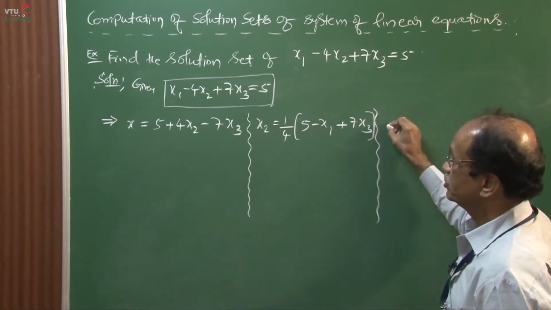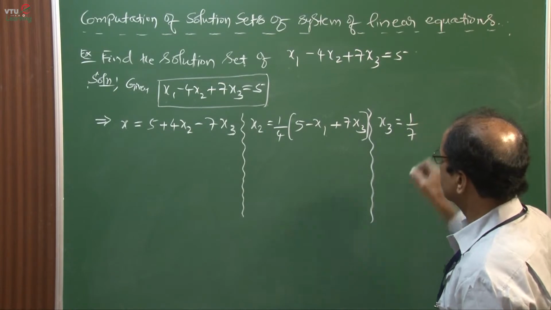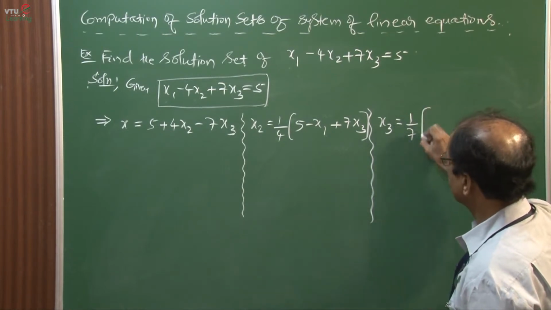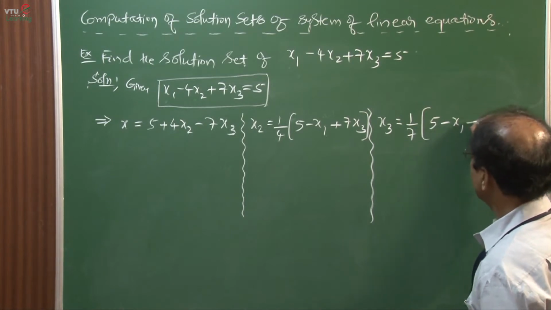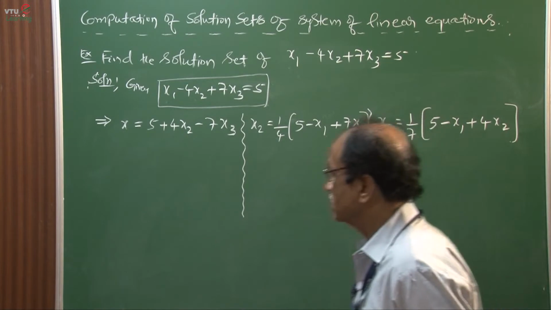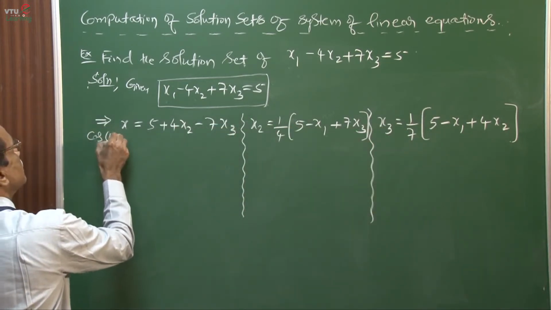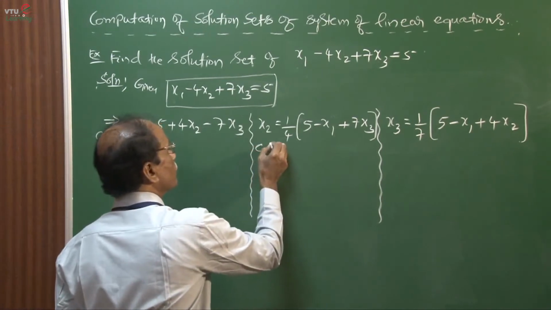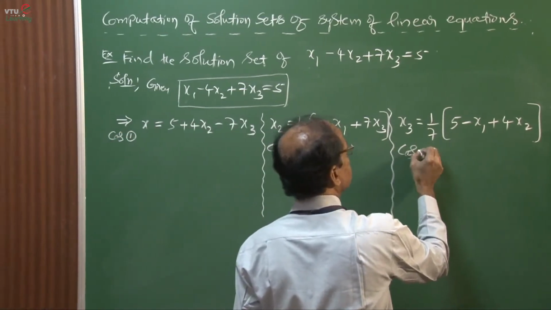Another possibility, x3 is equal to 1 by 7 multiplied by 5 minus x1 plus 4x2. So these are the three possibilities. This is case 1, this is case 2, and this is case 3, right?